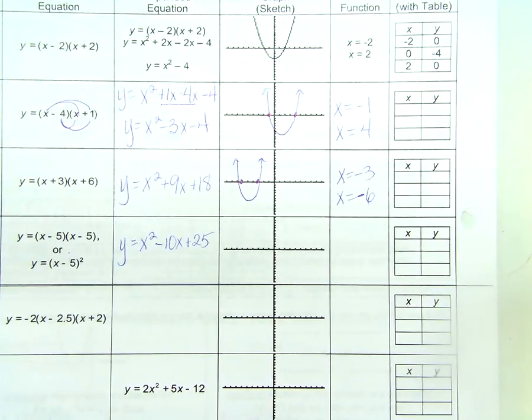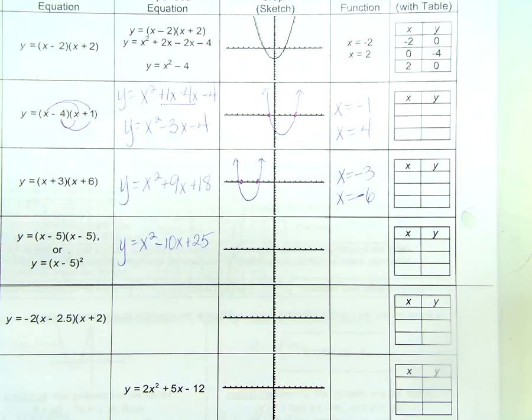Okay? So let's make a prediction on this one. What's it going to look like? It's going to be a parabola. What else do we know? It's going to cross at 5. And what?